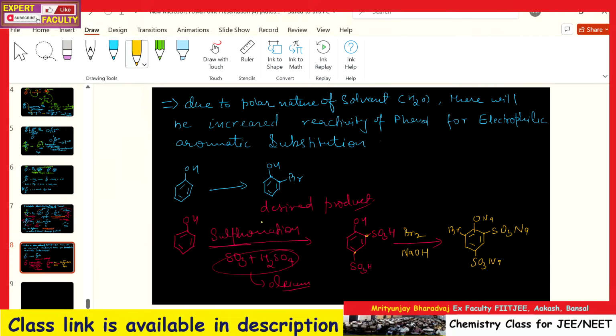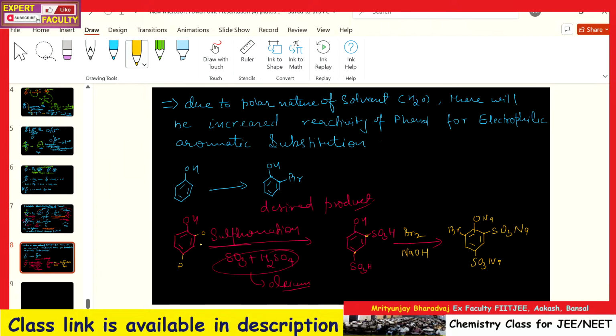When sulfonation is done, the first preference for sulfonation will be para. When we provide a higher amount of the reagent, the next position occupied will be ortho.